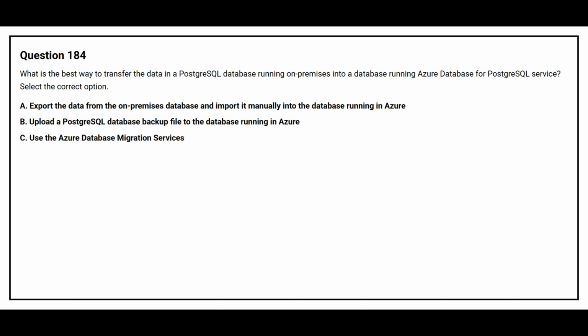Option B, upload a PostgreSQL database backup file to the database running in Azure. Option C, use the Azure Database Migration Services. The correct answer is option C, use the Azure Database Migration Services.